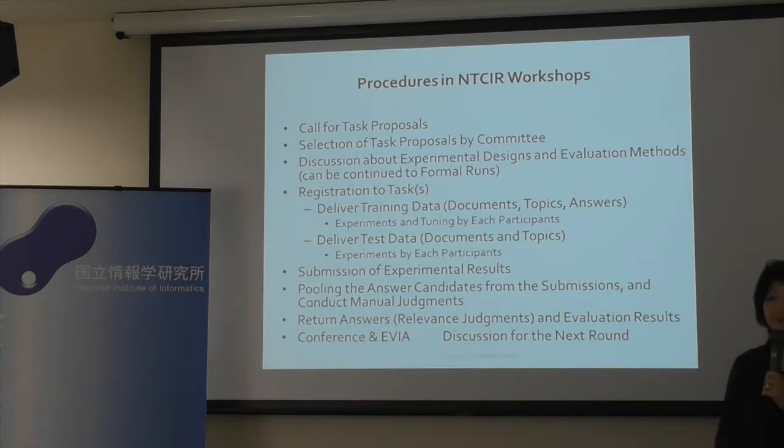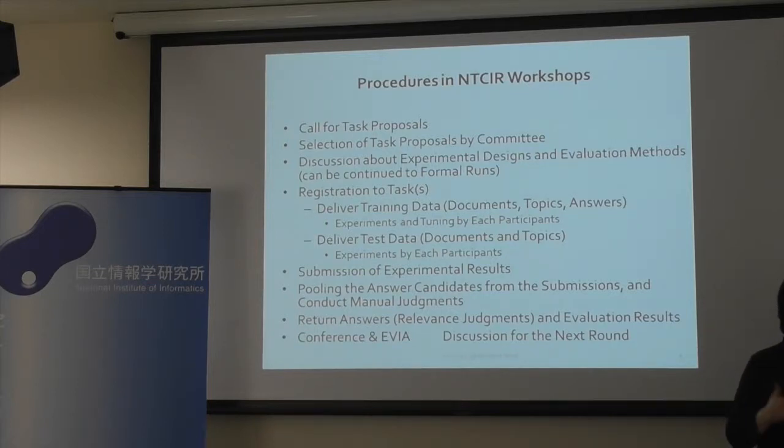Today is the kickoff, which means the tasks for NTCIR-12 have already gone through this process, and the selected task proposals will be presented here. After that, each task issues a call for participation, and we have now started that process.